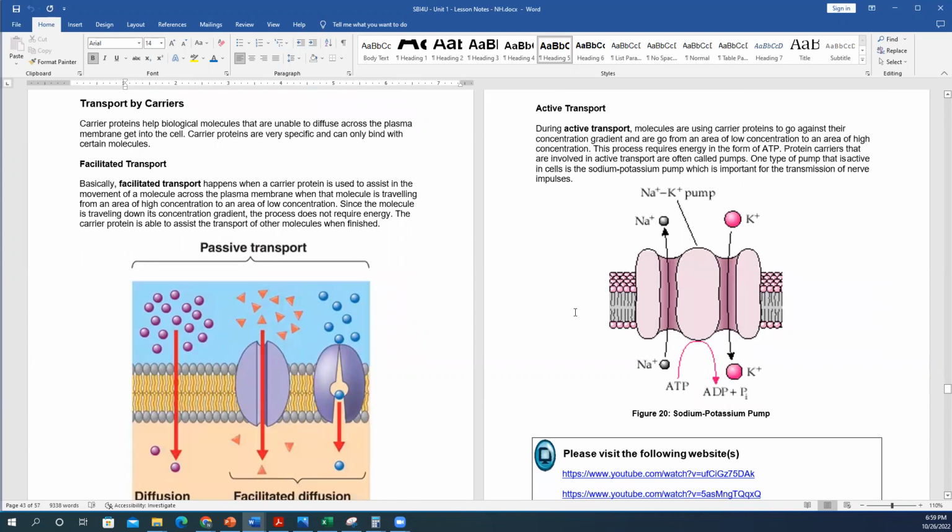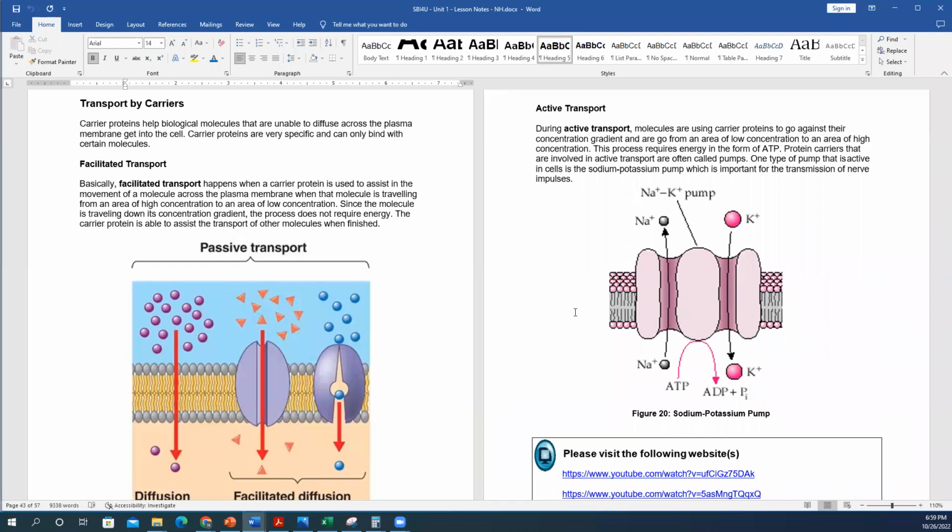So diffusion happens quite freely. Water is one of those molecules that can freely diffuse, and it doesn't need help from anything else to go across the membrane. All it needs is a concentration gradient.